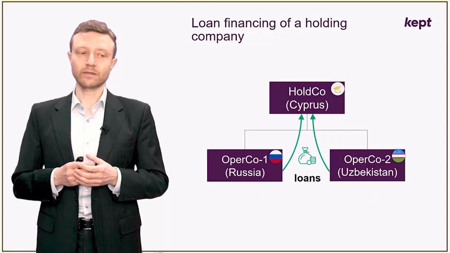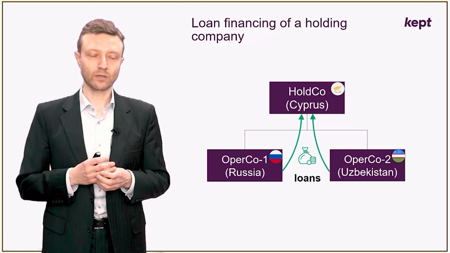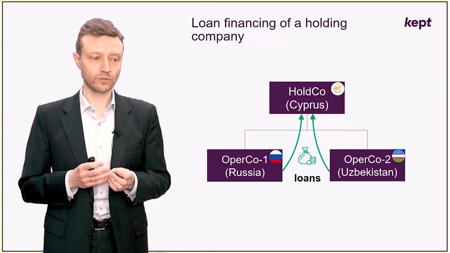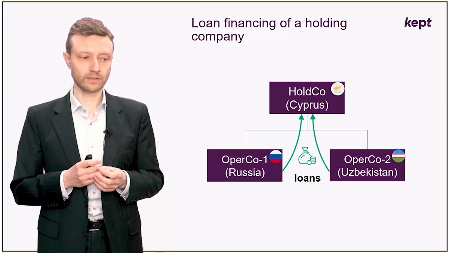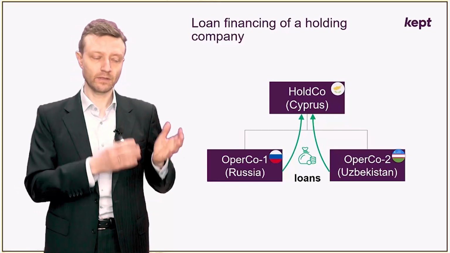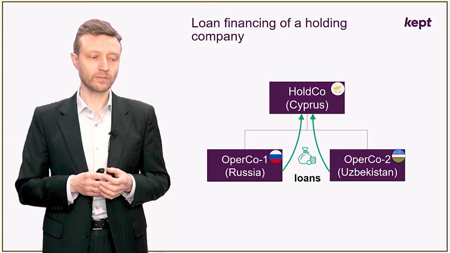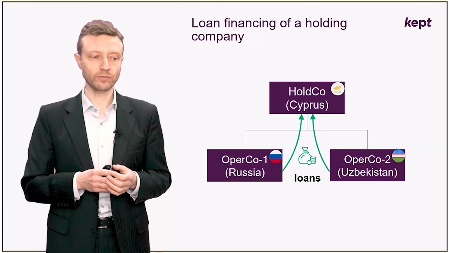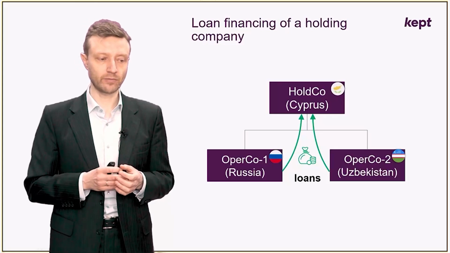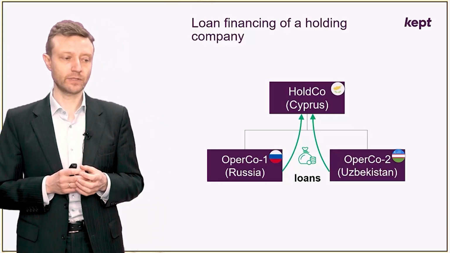Okay, and it is especially counterproductive and inefficient to provide loans to companies that cannot deduct interest. And this example perfectly illustrates this. Let's assume that there is a holding company in Cyprus that owns an operating subsidiary in Russia and an operating subsidiary in Uzbekistan.